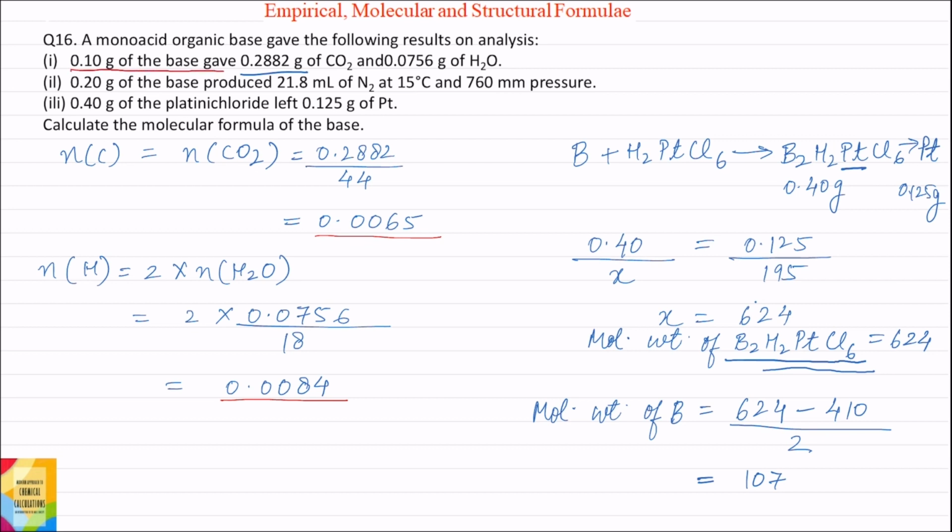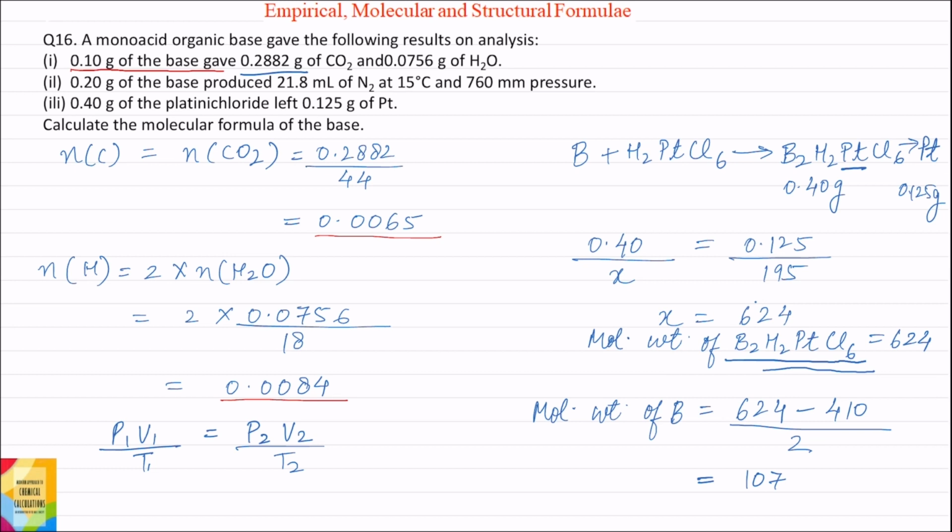Now moles of nitrogen. For moles of nitrogen, first of all we need to find the volume of nitrogen at normal temperature and pressure or under standard temperature and pressure conditions. For that we will use the formula P1V1 by T1 is equal to P2V2 by T2. Here P1, V1 and T1 represent the standard conditions of pressure, volume and temperature.